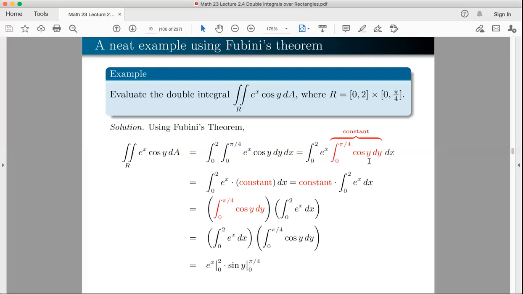The first integral on the left gives you this, the second integral on the right gives you this, and the result will be the value here. Take note that you can only do this if the function for x and the function for y are independent, meaning the function for x doesn't involve y values, the function for y doesn't involve x values, and the region is a rectangle.